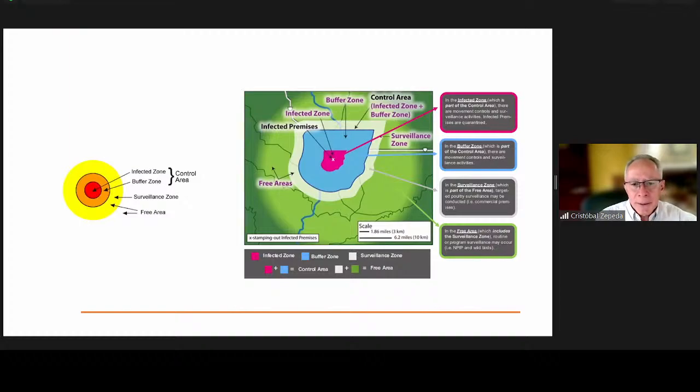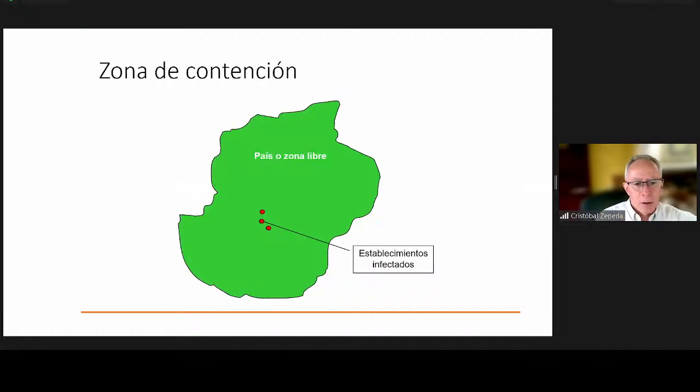And this is what we really do all the time when we have outbreaks. In the case of the United States, for example, we have an infected zone, we have a buffer zone, and a control and surveillance area. Once this is under control, it can be recognized as a containment area.